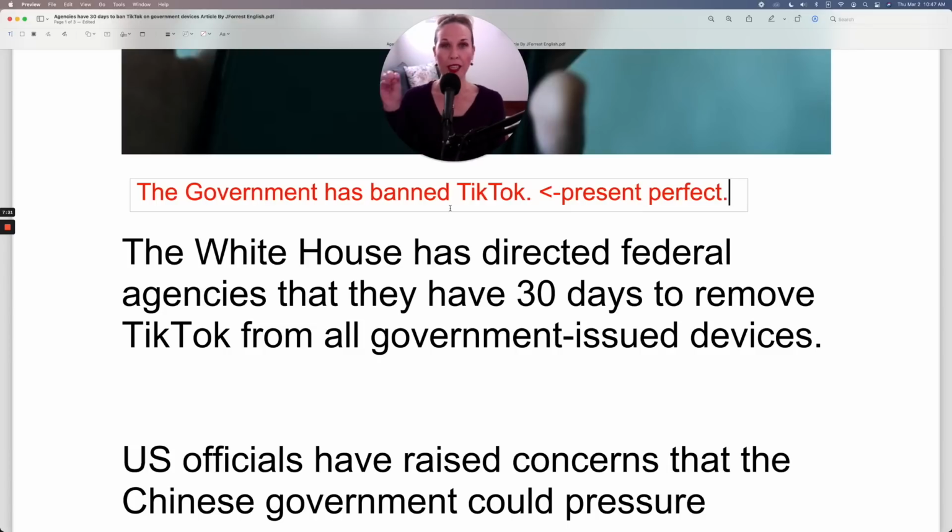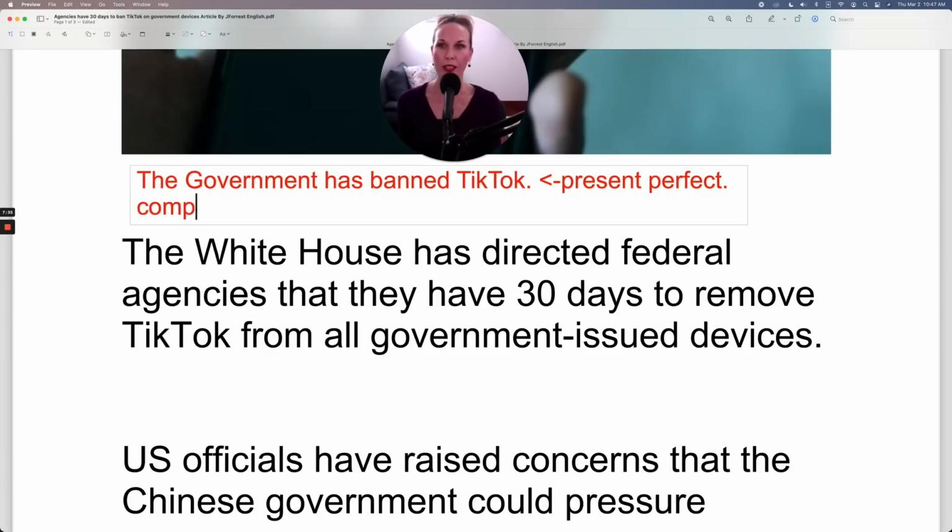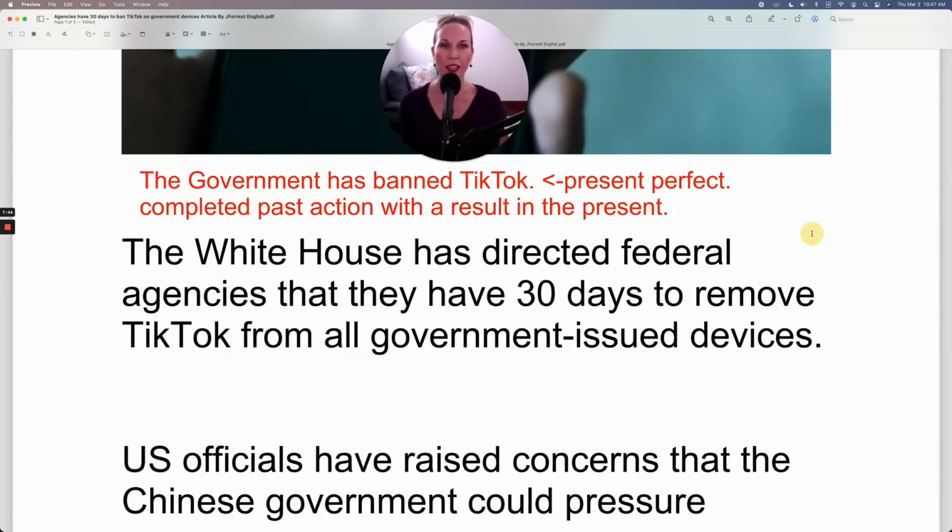It's a completed past action, but it has a result in the present. Completed past action with a result in the present. And the result in the present is, so now you have to remove it from your device. That's why I put this in the present perfect when I said it out loud.